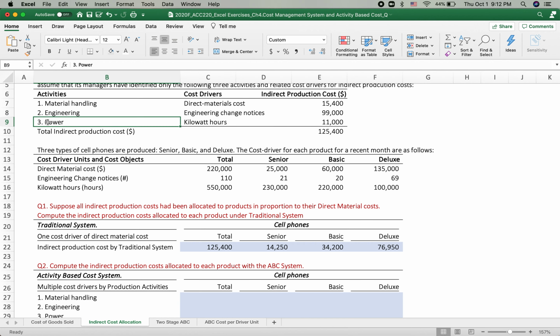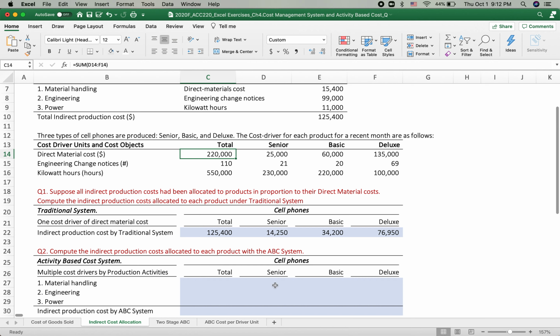And then for the power activities, the cost driver may be kilowatt hour. Kilowatt hour is a much more appropriate cost driver than direct material cost, which we used in the previous case with the traditional system. Okay, so let's start the allocation.